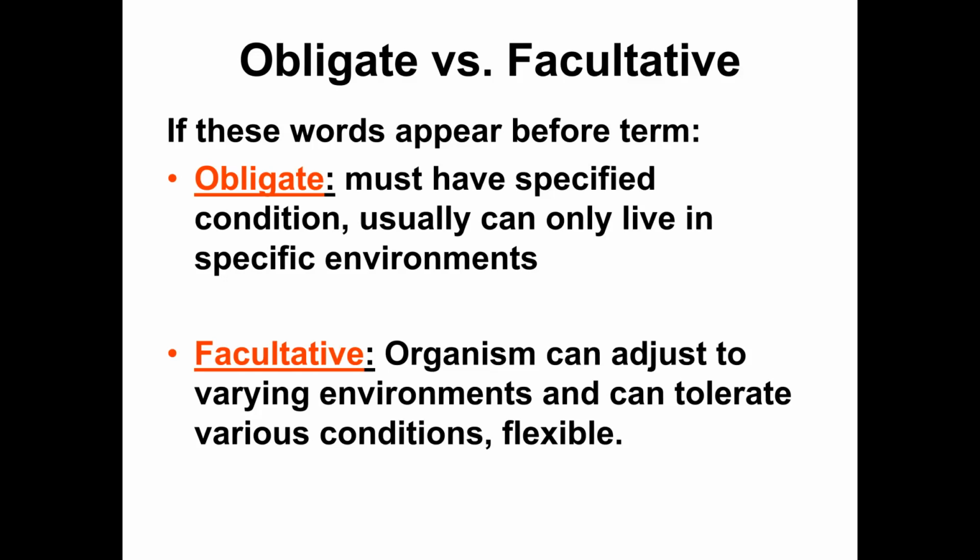Obligate means you must have something. Okay? We are obligate to oxygen. We have to have it. Now, facultative, on the other hand, means more flexibility. Okay, maybe they can live with oxygen, or they can live without it. They just don't care. Okay, so we'll see these two come up in the next few examples.